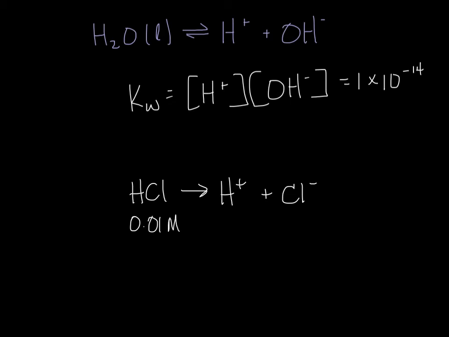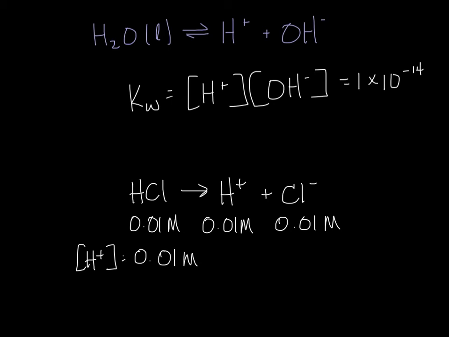Because it's going to dissociate completely, I know I'm also going to have 0.01 molar hydrogen ions and 0.01 molar of my chloride ions. So my H plus concentration is simply equal to 0.01 molar.